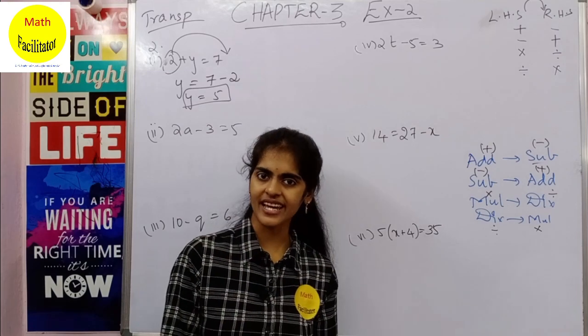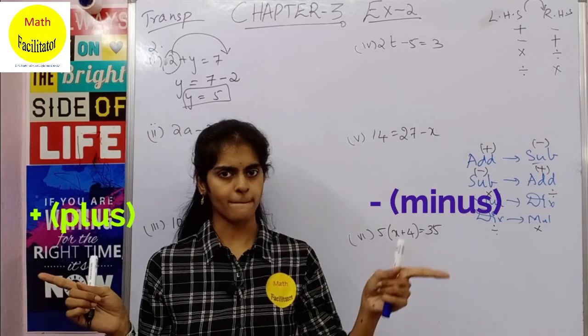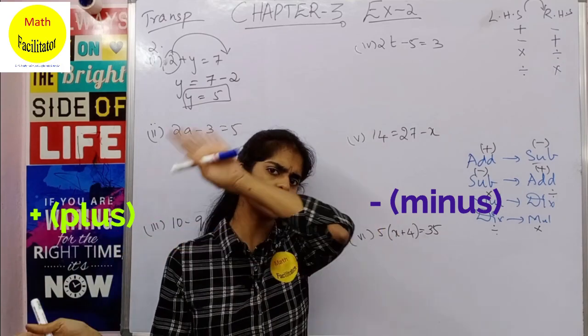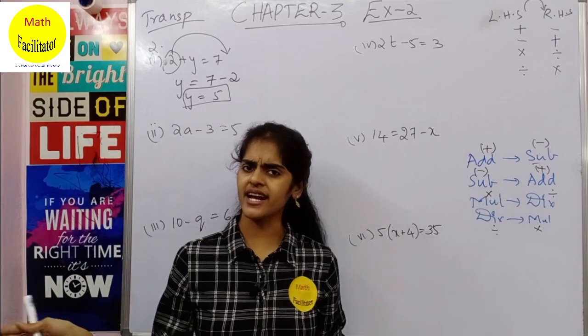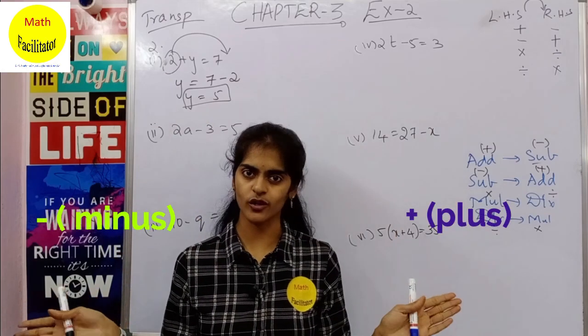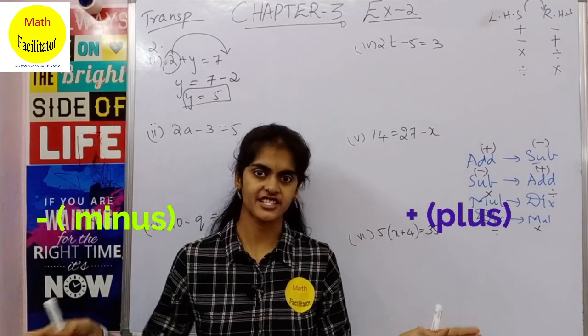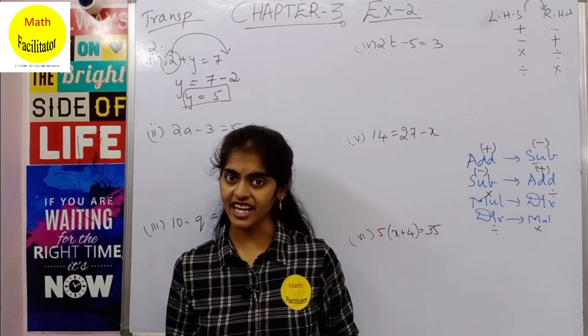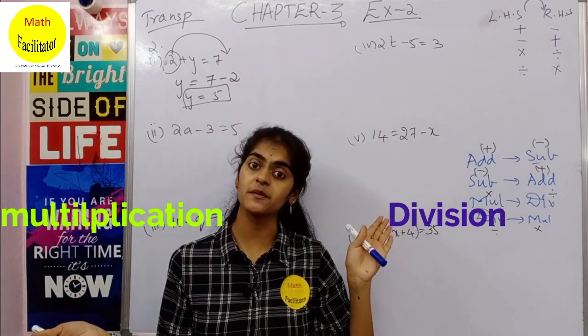Clear now? Always remember, if you have plus and you send it to the other side, it becomes minus. If you have minus, it becomes plus. If you have multiplication and it goes to the other side, it becomes division.